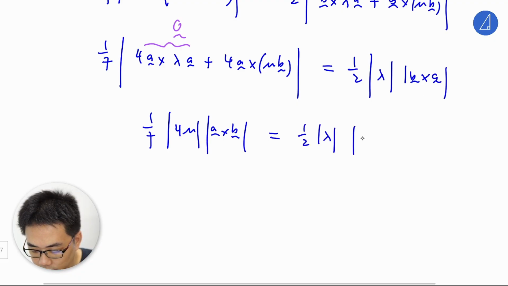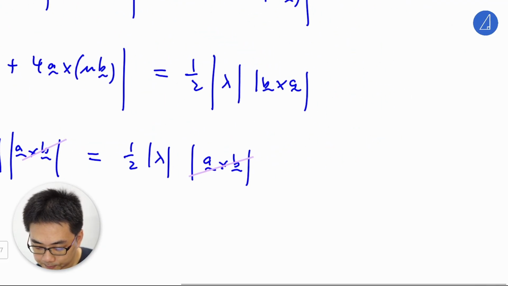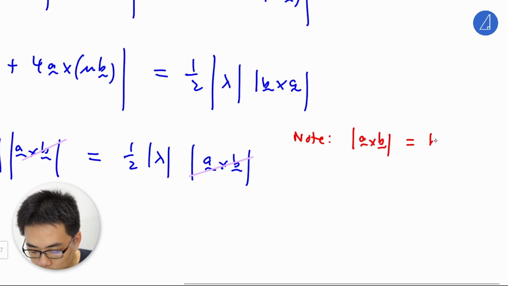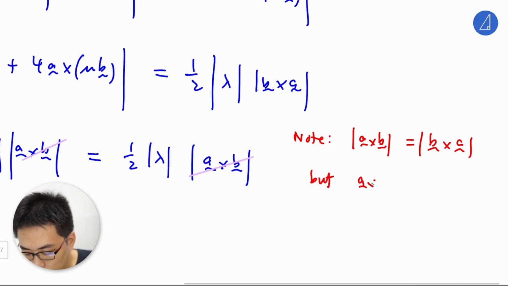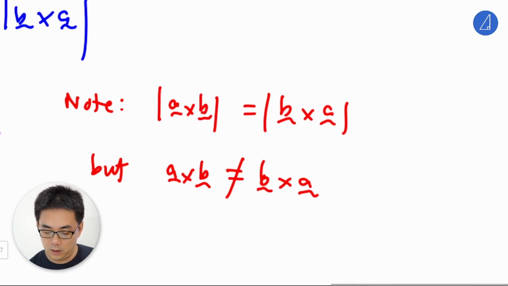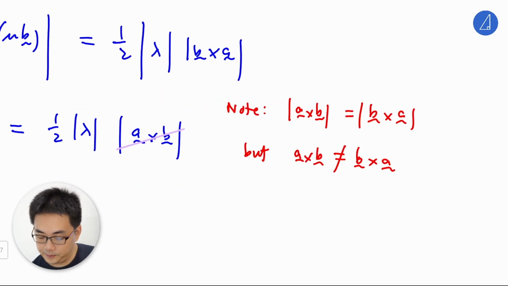I'm going to flip this aside, so this can cancel away. Note this is another common misconception: A cross B is not equal to B cross A. The modulus is the same, but for the cross product, you need to make sure you understand why.